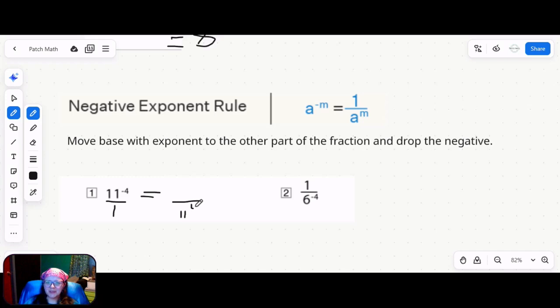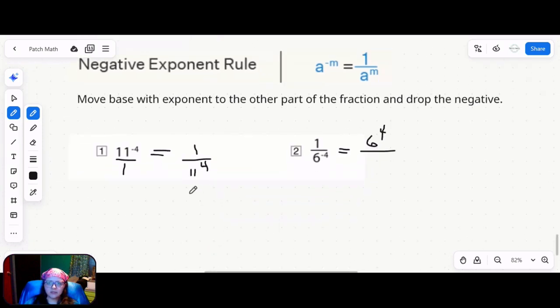Move to the other part of the fraction and make my exponent positive. Now, because we moved that down, there becomes an invisible one in our numerator as well. And we're done. Looking at number 2, it's already a fraction, and its exponent says, hey, I'm in the wrong part of the fraction. Move me to the other part of the fraction and make my exponent positive. And we are done.